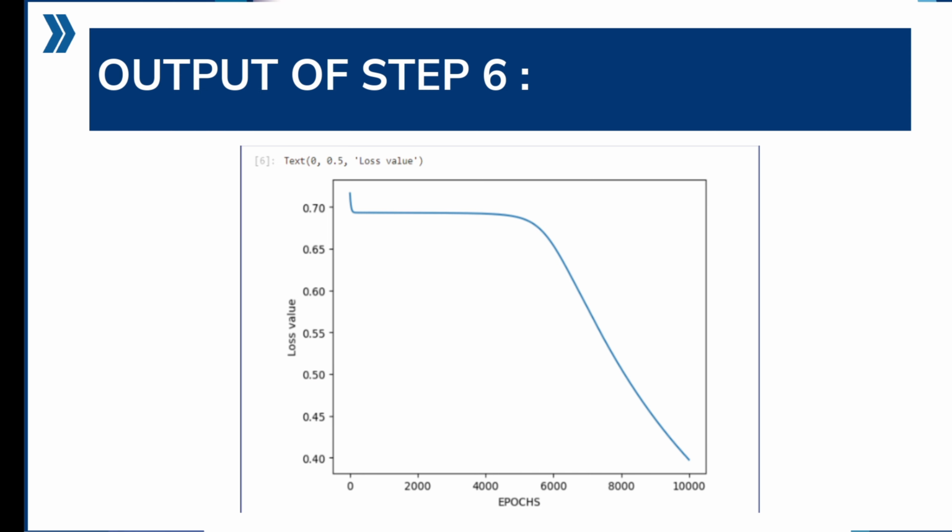So this is the output for step 6. It is plotted with an x label and y label, and the loss values go from 0.5 to about 0.